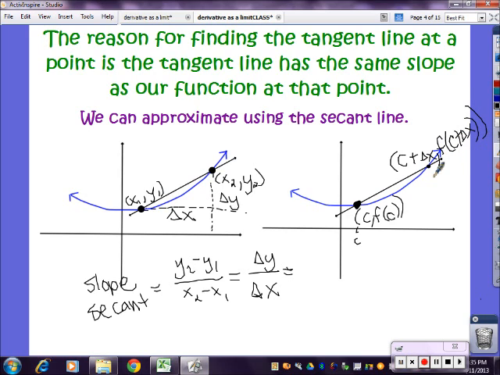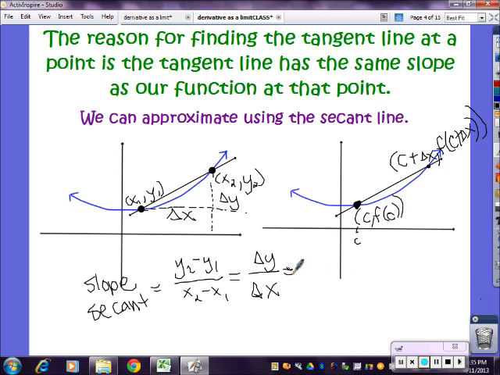All I did was make my x1 a c and my y1 f of c, which makes sense because we plug the x into function notation. The horizontal distance is delta x, so this point is c plus that horizontal distance, delta x. And then I took my independent variable and plugged it into the function notation.